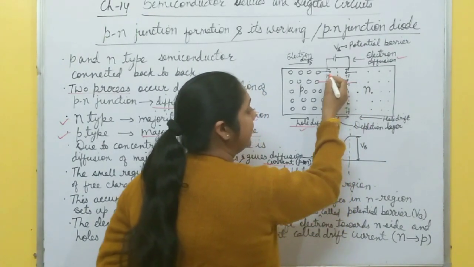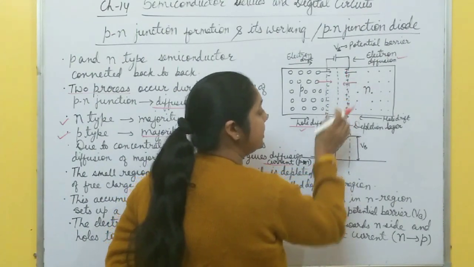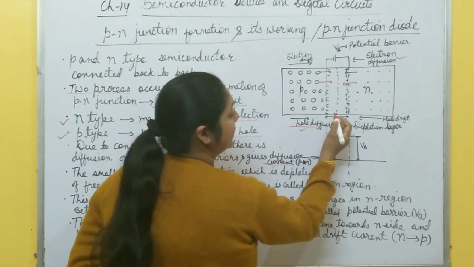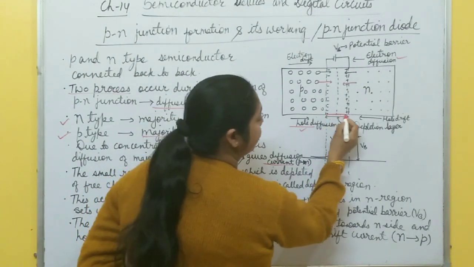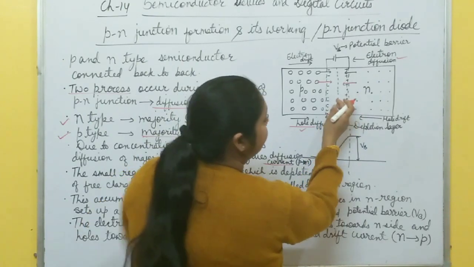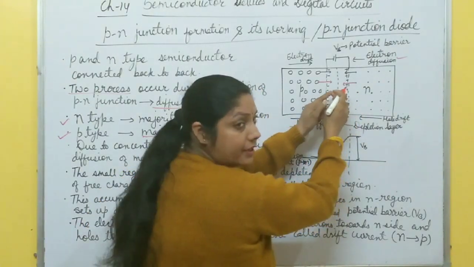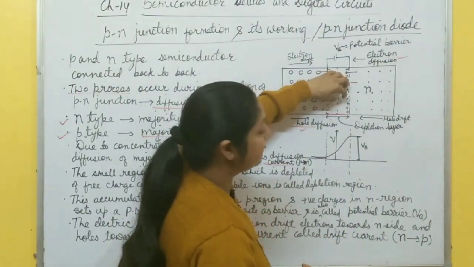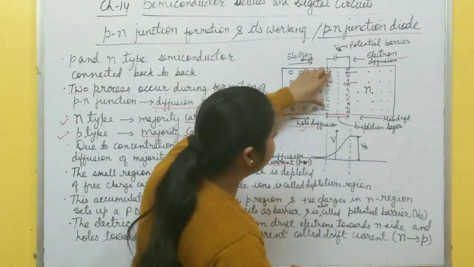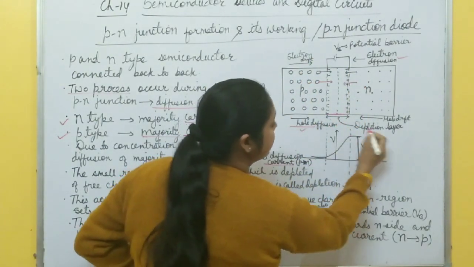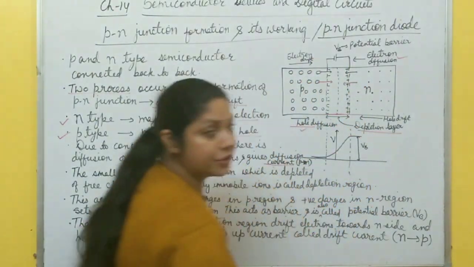So these negative and positive charges near the junction are immobile, right? So this is a small region near the junction where majority charge carriers neutralize each other. There are no majority charge carriers present in this small region, only immobile charges are present near the junction. This region is called depletion region or depletion layer.